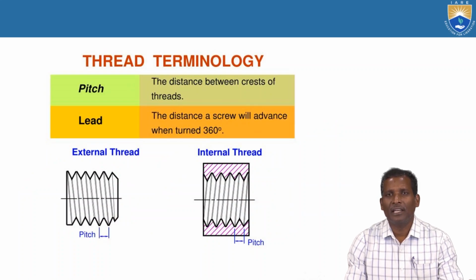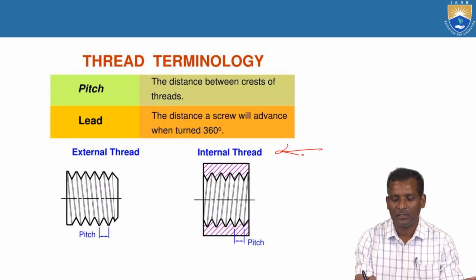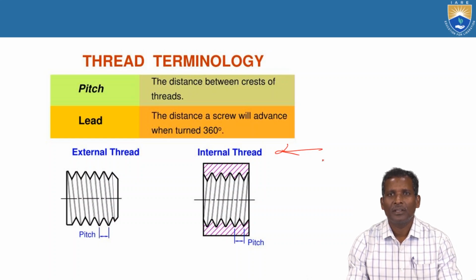Next one is pitch and lead, another important term. The pitch is the distance between crests of threads. The crest we have already discussed. What is the distance between two crests? Lead is the distance a screw will advance when turned 360 degrees, that is, in one complete rotation. How much does it travel from one point to another point in this direction? How much does it advance?